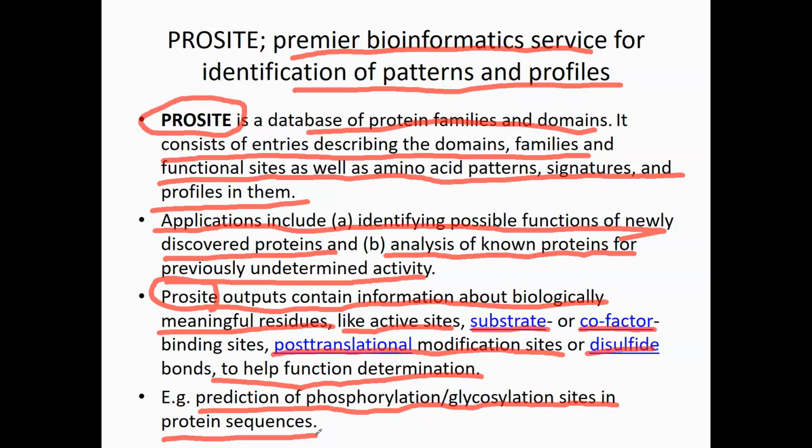This attachment is carried out at specific sequences, and these sequences are called patterns, a specific pattern of sequences in the protein. And these patterns can be identified by using the ProCite database service.